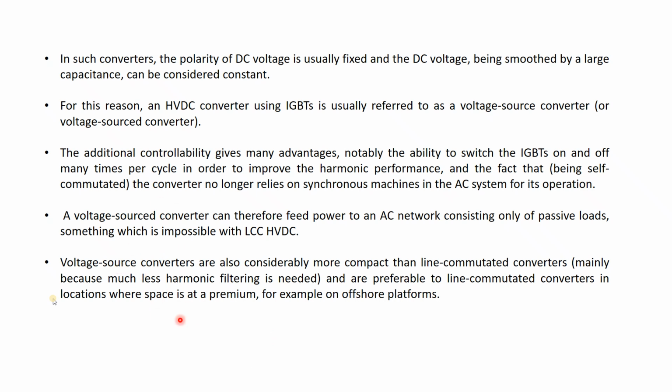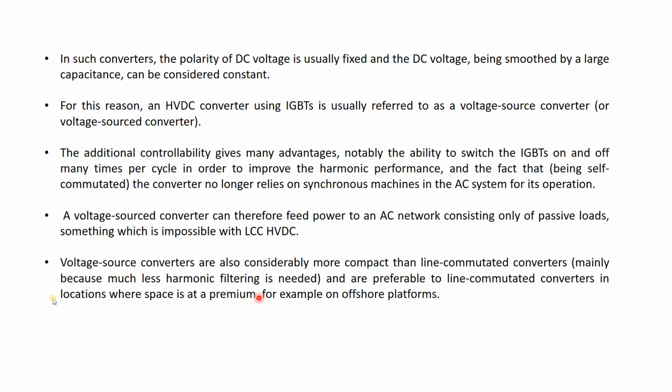Why? Because the filtering capability is inside it, though IGBTs are generally more complex in construction compared to a normal thyristor. If you are using a 6 pulse converter of IGBT, it is much more compact because it has the ability to turn on and turn off, and more importantly it has harmonic filtering inside it.